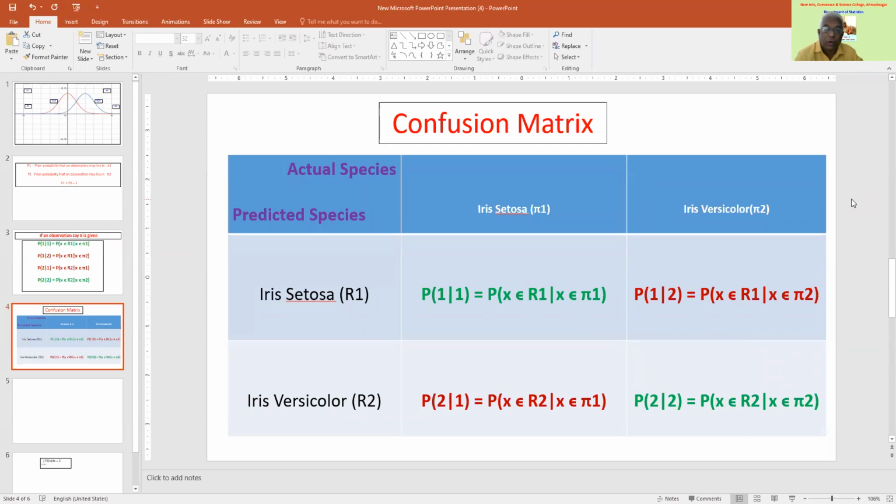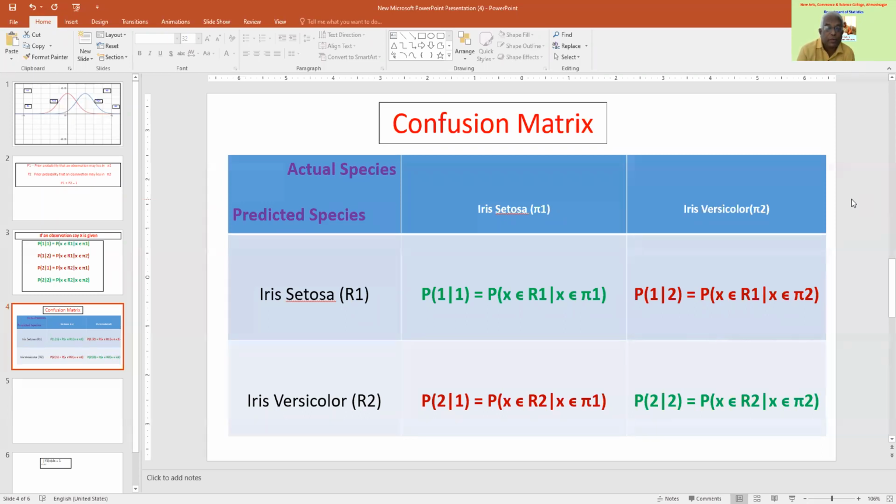An observation from Iris versicolor, a flower from Iris versicolor, if predicted as Iris setosa, then it is probability of 1 given 2. It is the probability of wrong classification, or probability of misclassification.